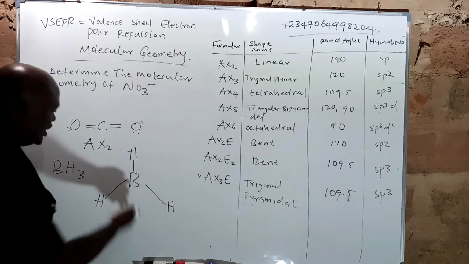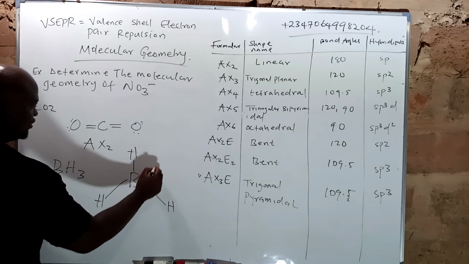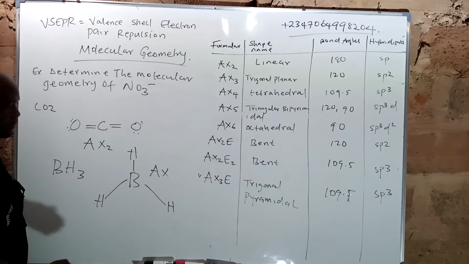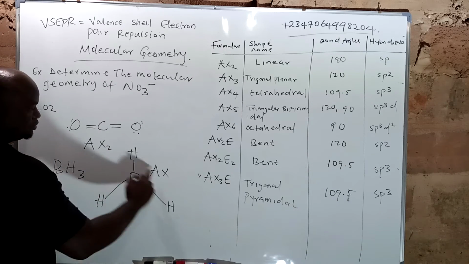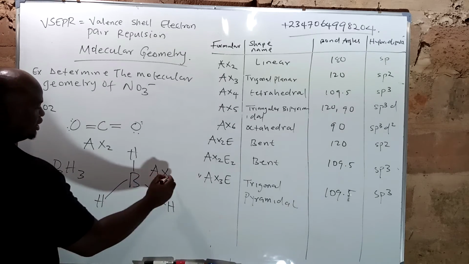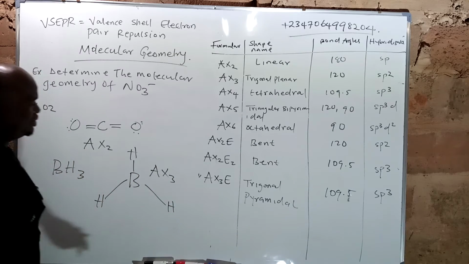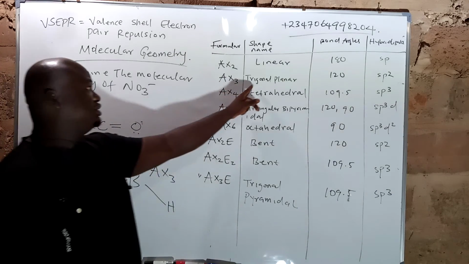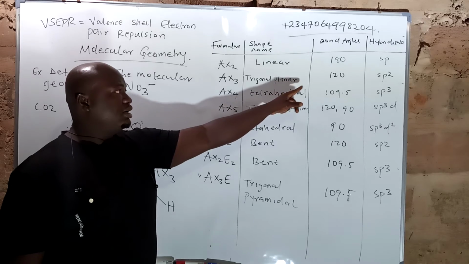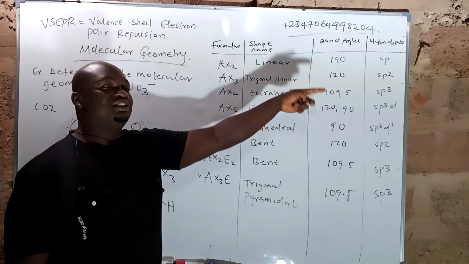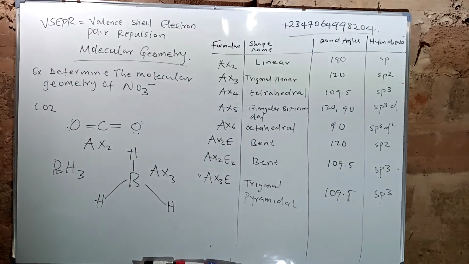Please pause the video and solve it. We have 3 atoms surrounding the center. Do you have any lone pair? No. And so you just come here. This is trigonal planar, the angle is 120 degrees, and it's sp2 hybridized. It's just so easy.